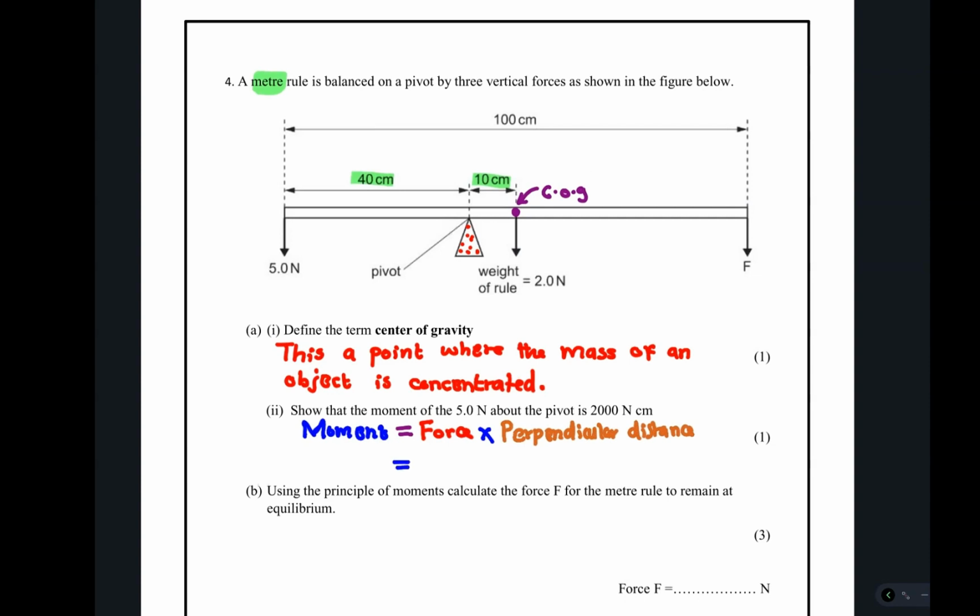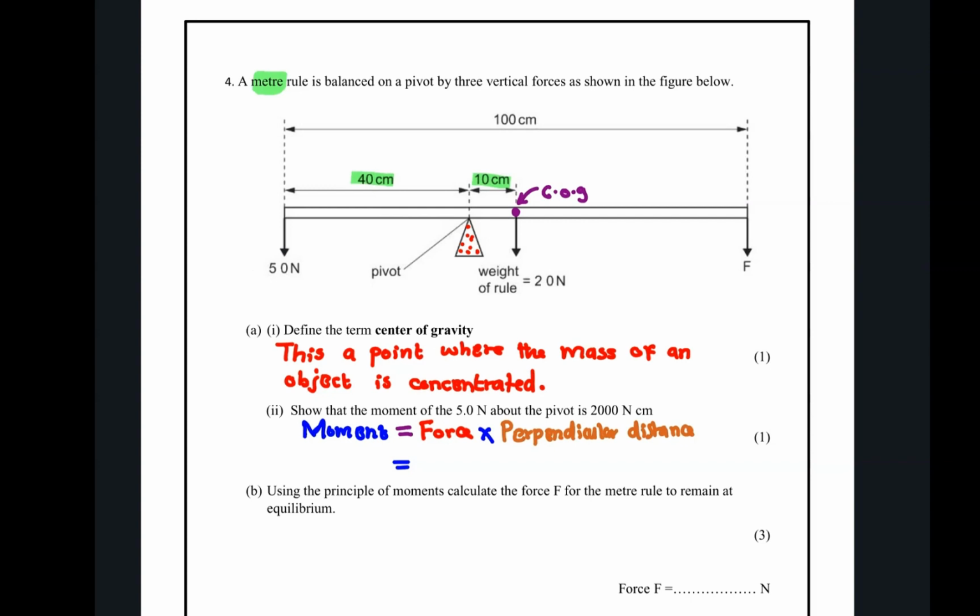Yes, you now have changed it. On the diagram, don't look at the equation because that was a mistake. So it should be 50 newtons. There we have a force, we have 40 centimeters and 10 centimeters and 20 newtons. So we are supposed to show that the moment of 50 newton about the pivot is 2000 Newton centimeter.